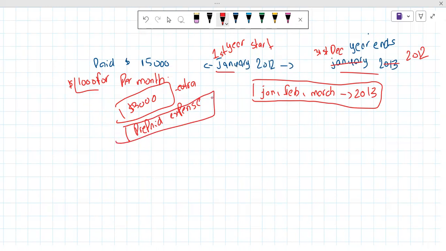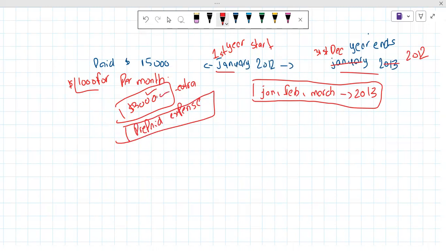And we should not consider this extra 3,000 in our income statement, because this is not related to this year's expense. If you are making an income statement and profit and loss account for 2012, only the expenses linked with 2012 should be considered and written in the income statement.